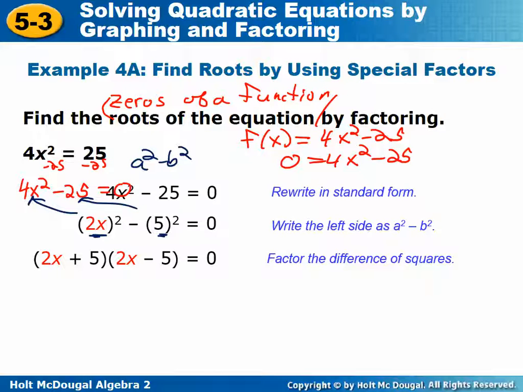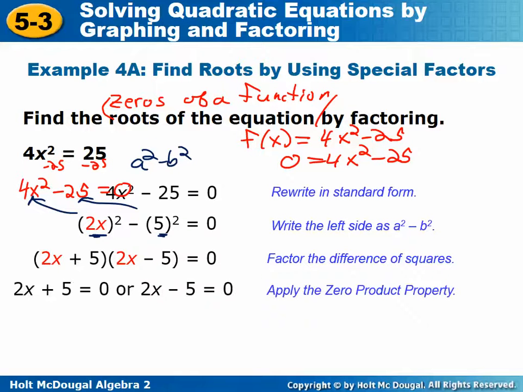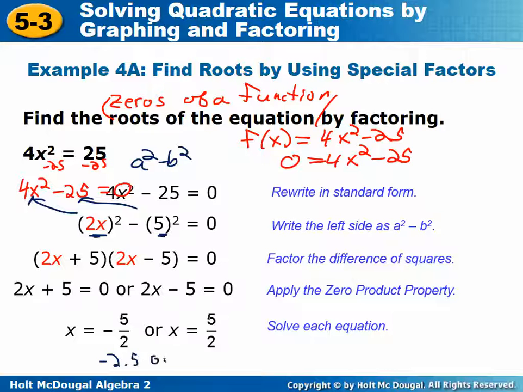So you'll still have two equations, two unknowns, and you'd set them each equal to 0. And you'll get two different answers. One will be negative 5/2 or negative 2.5. You could write it as a decimal if you wanted. And the other one would be a positive 5/2 or 2.5.